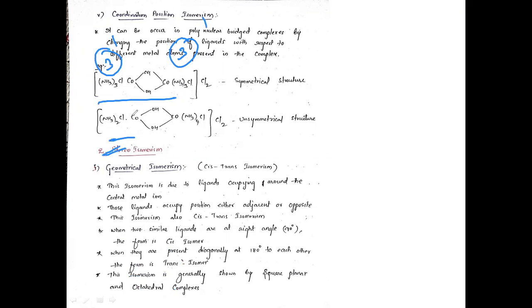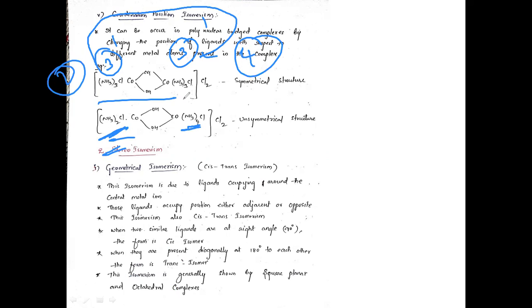But in case of the second complex, one of the NH3 moves to this side, to make four here and two here. See here NH3 only two are there, but here NH3 four is there. That means the position of the ammonia ligand is different.